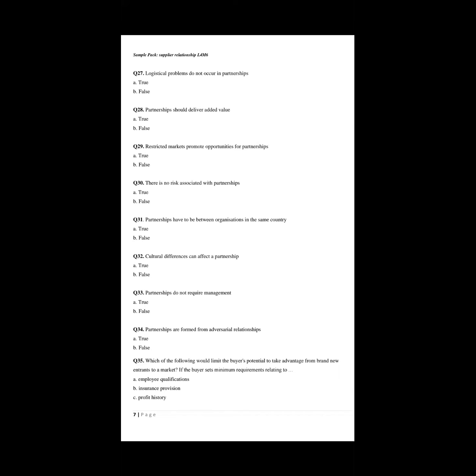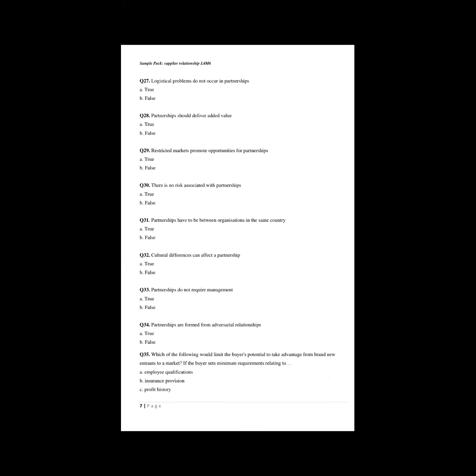If the buyer sets minimum requirements relating to: A, employee qualifications; B, insurance provision; C, profit history; D, technical capability.